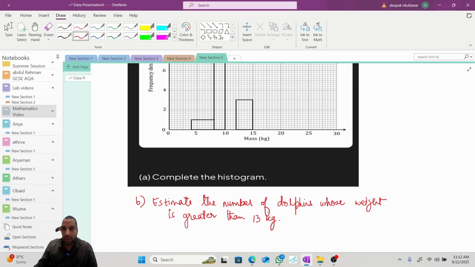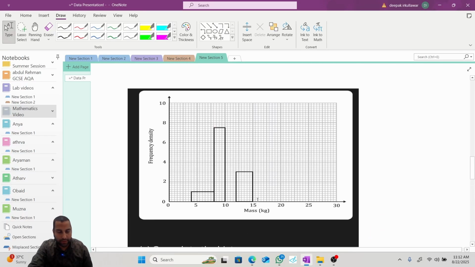First and foremost, you need to complete the histogram. To complete this histogram, first of all you need to know that a histogram cannot have gaps. If you can see here, there is a gap in this region.